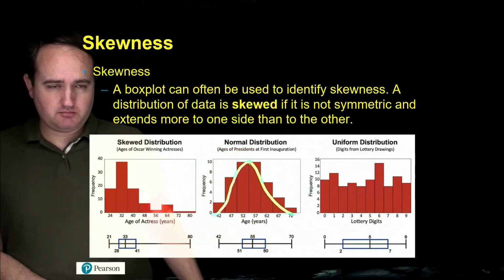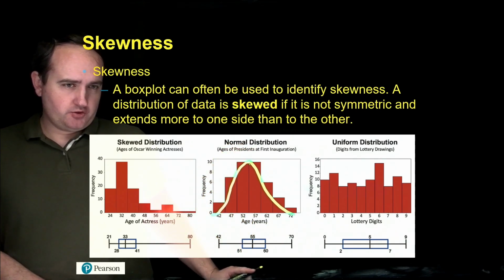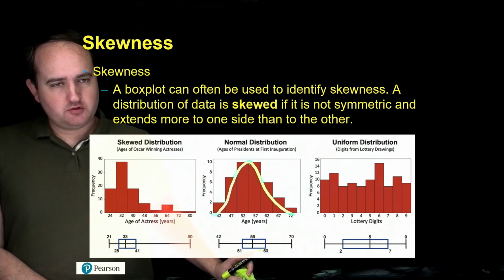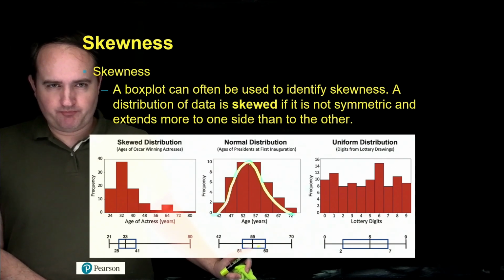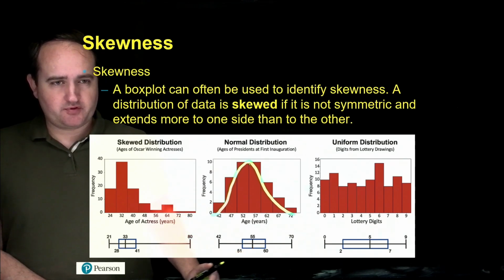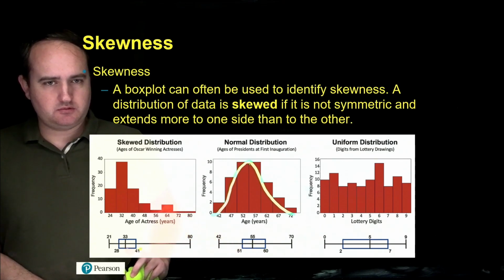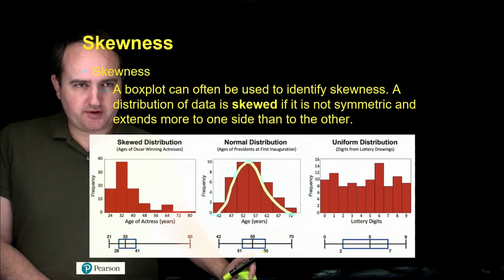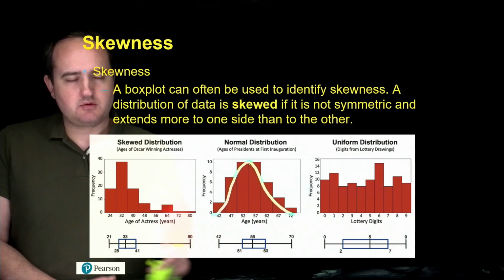Now with box plots, it's a little bit harder to tell the shape of the curve or the distribution, but you'll notice that with a normal distribution, this is the corresponding box plot. The median, or Q2, is almost in the middle of the graph. So it's right in the middle there. So the difference between skewed and normal is that the median is roughly in the middle for a normal distribution.